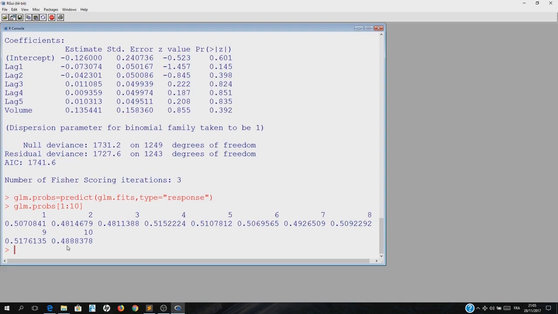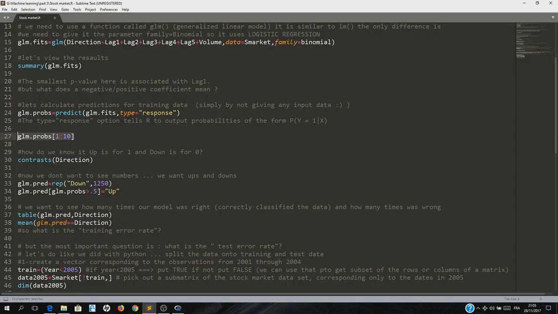If it's less, it's 0. So it's 1, 0, 0, 1, 1, 1, 0, 1, 1, 0. But what does 1 mean and what does 0 mean? I mean, which one is up and which one is down? We want to predict up or down, but we didn't provide which one is 1 and which one is 0. How do we know that?